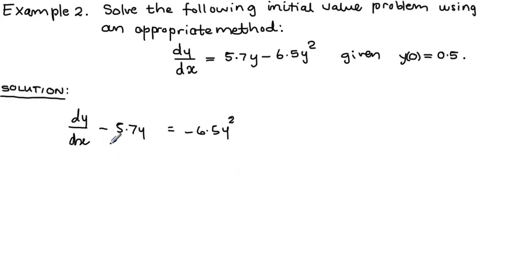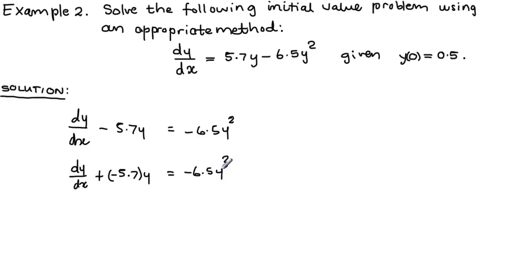Now, if we rearrange, looking at the left-hand side, we can rewrite this as dy/dx plus minus 5.7y equals minus 6.5y squared.